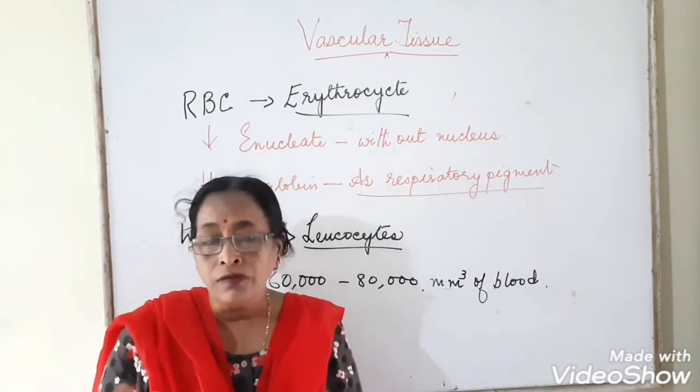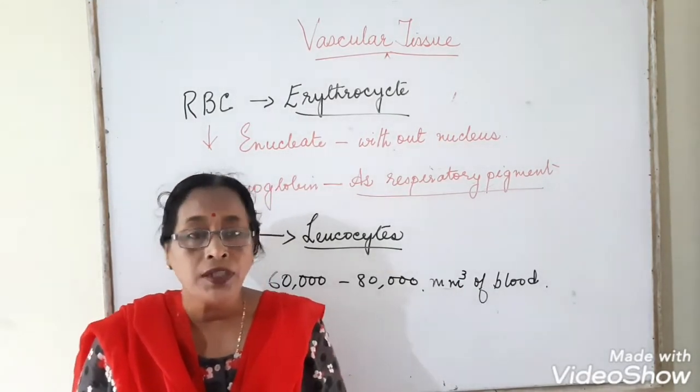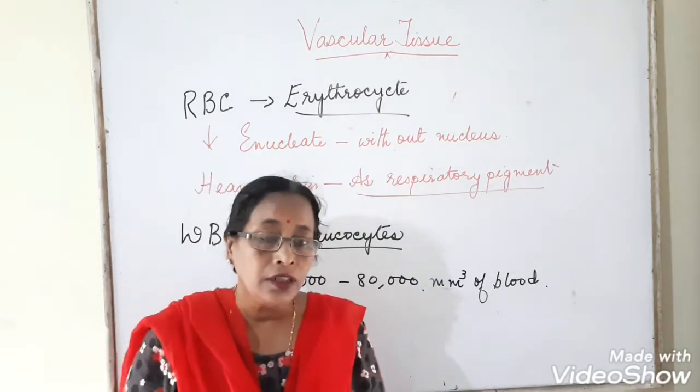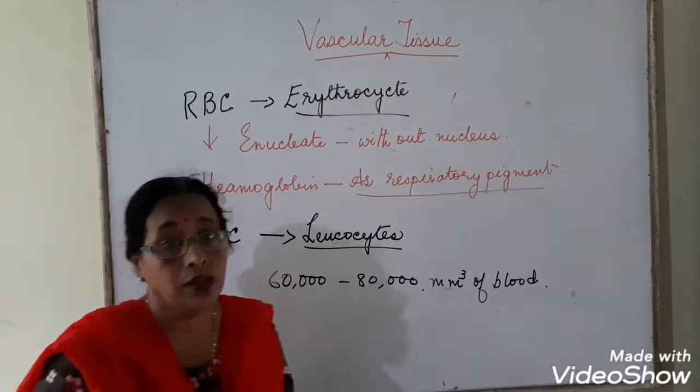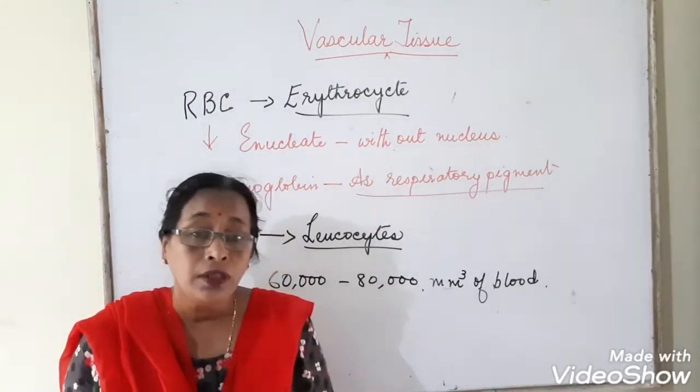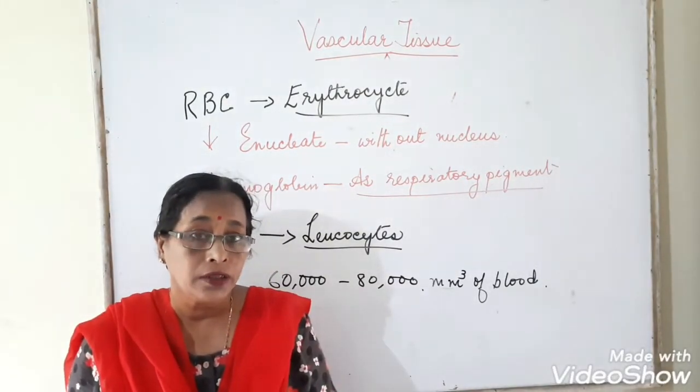The number of WBCs is comparatively less. It is mainly 60,000 to 80,000 per cubic millimeter of blood.